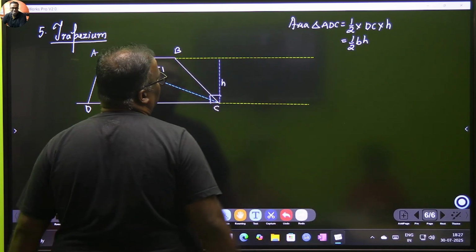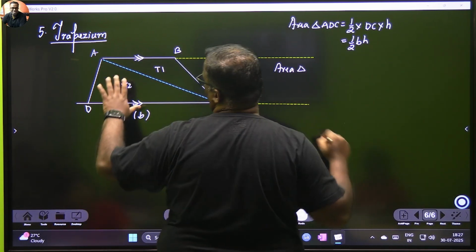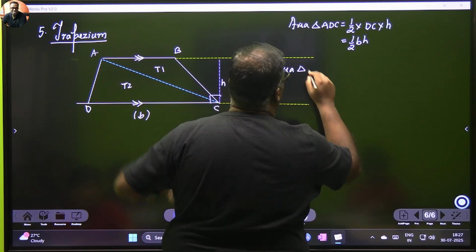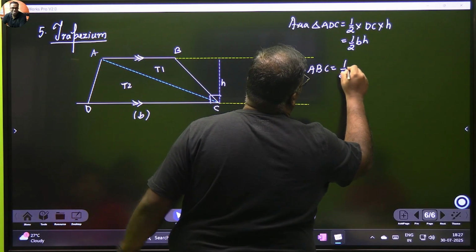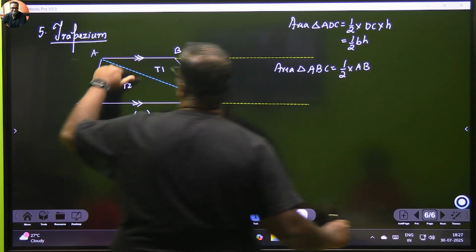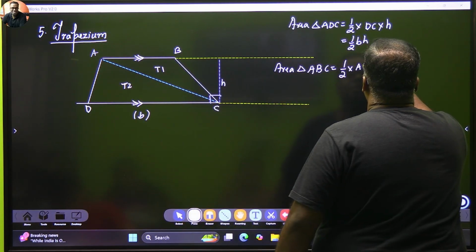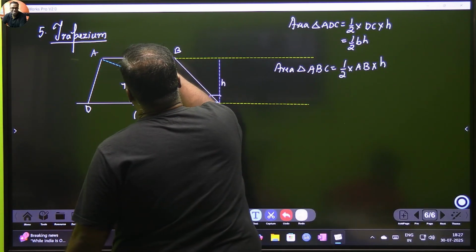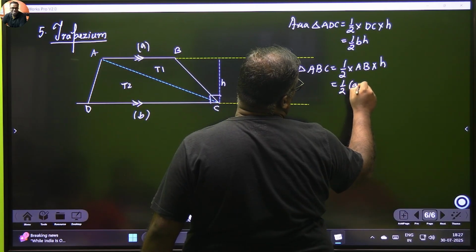Next we take the area of triangle T1, that is ABC. In ABC, we get half into base; now my base will be AB, and with AB I need height. The height is the same H. Let's name AB as a. So this is half aH.